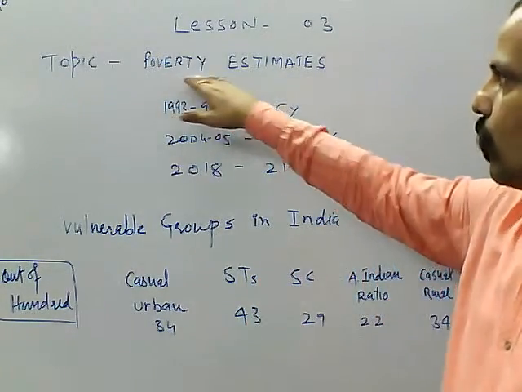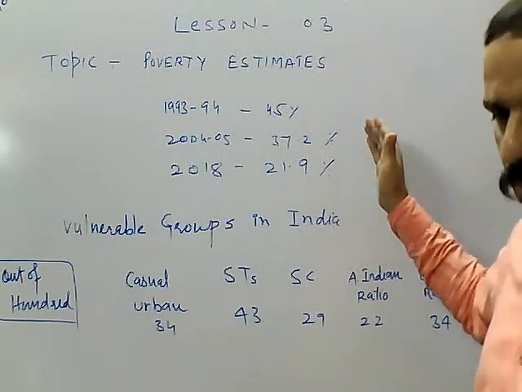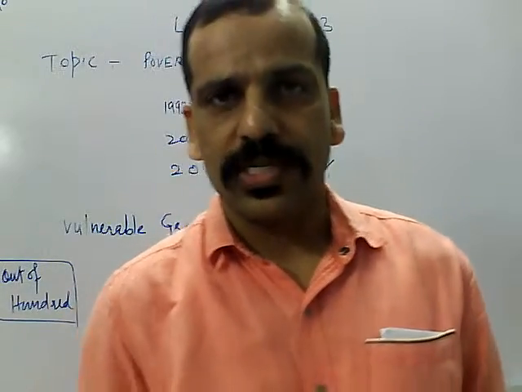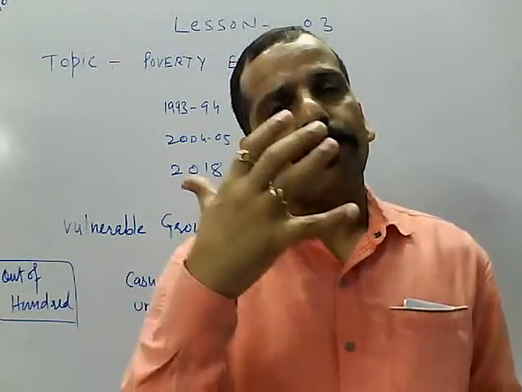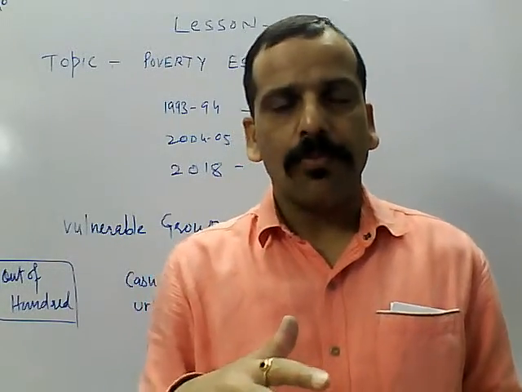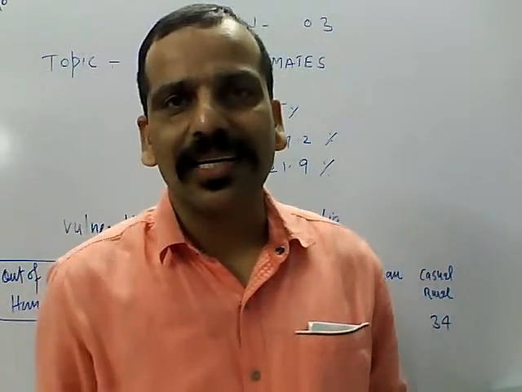So this is the poverty estimates. Overall, the poverty ratio, the percentage of poverty, is also decreasing. No doubt, the government has introduced a number of policies and schemes, but there is one problem: the population growth rate is high, and the population is increasing very fast.